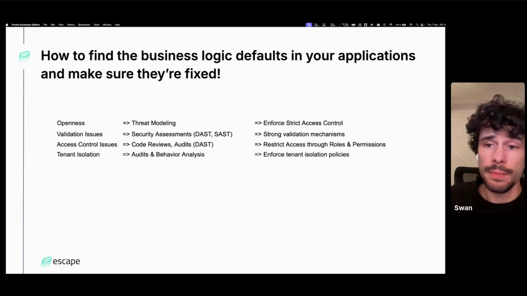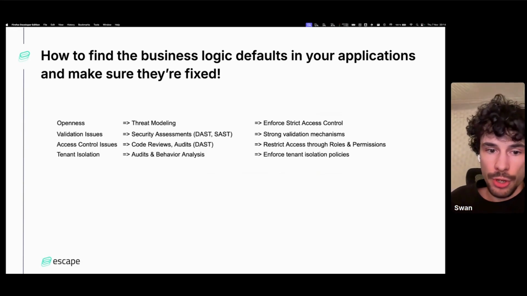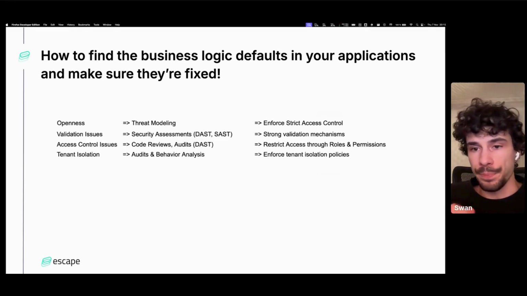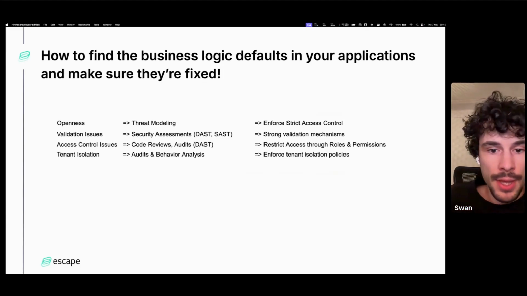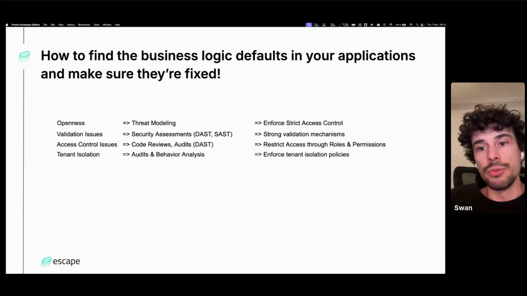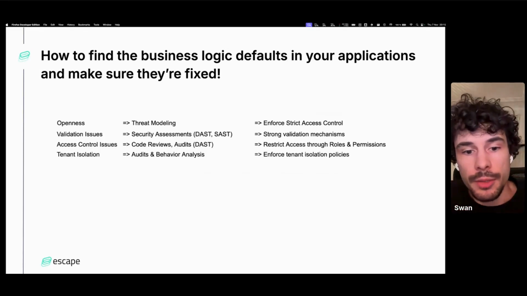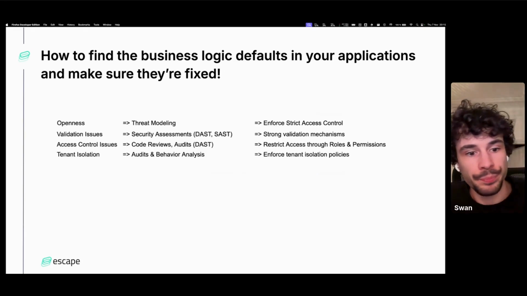For this, usually people do audits and behavior analysis, but you can also use modern DAST solutions to test isolation policies. But you will have to enforce these policies if you have any hole in them. Each of these steps will allow you to fix some weakness in your business logic and ensure it's properly secured.